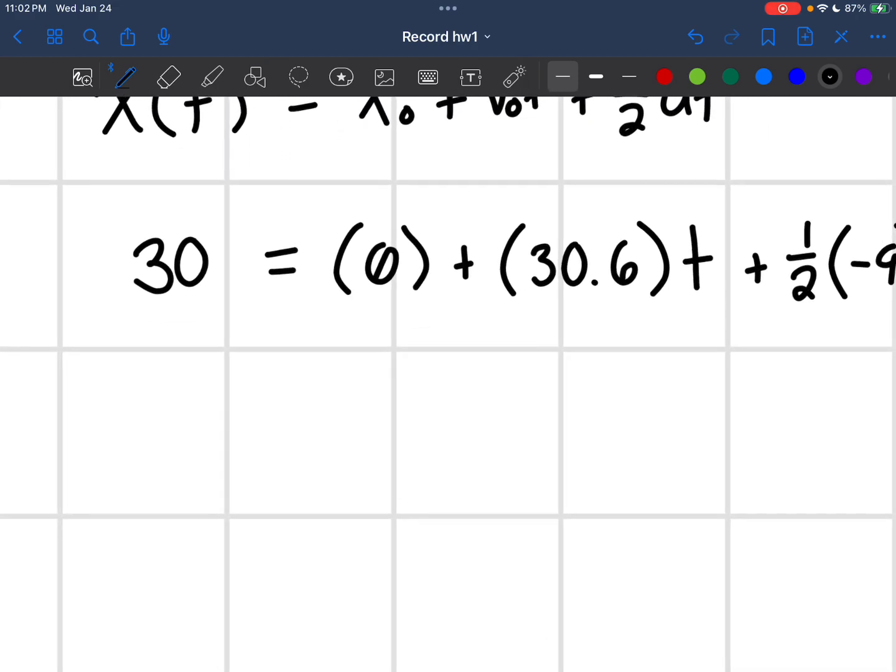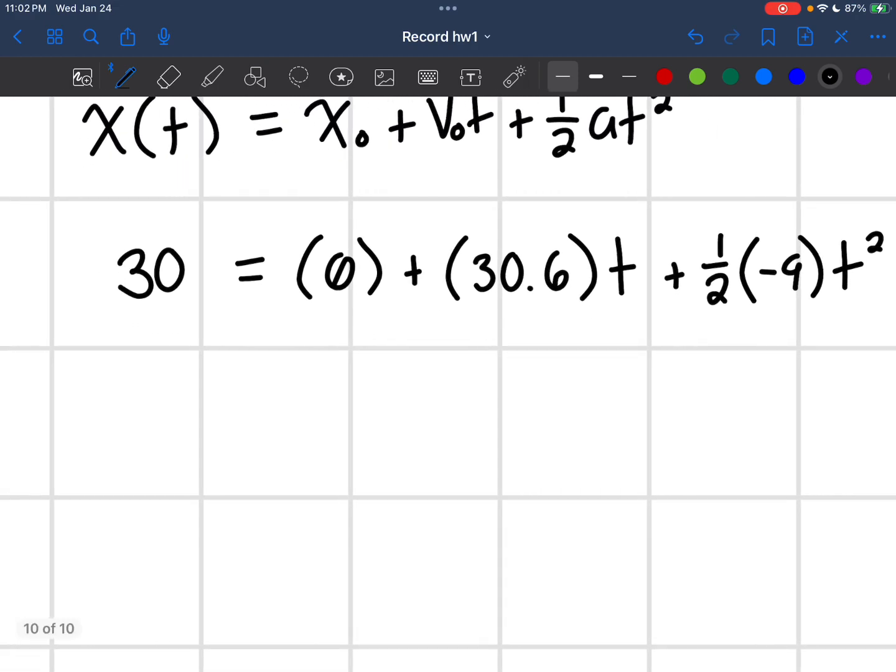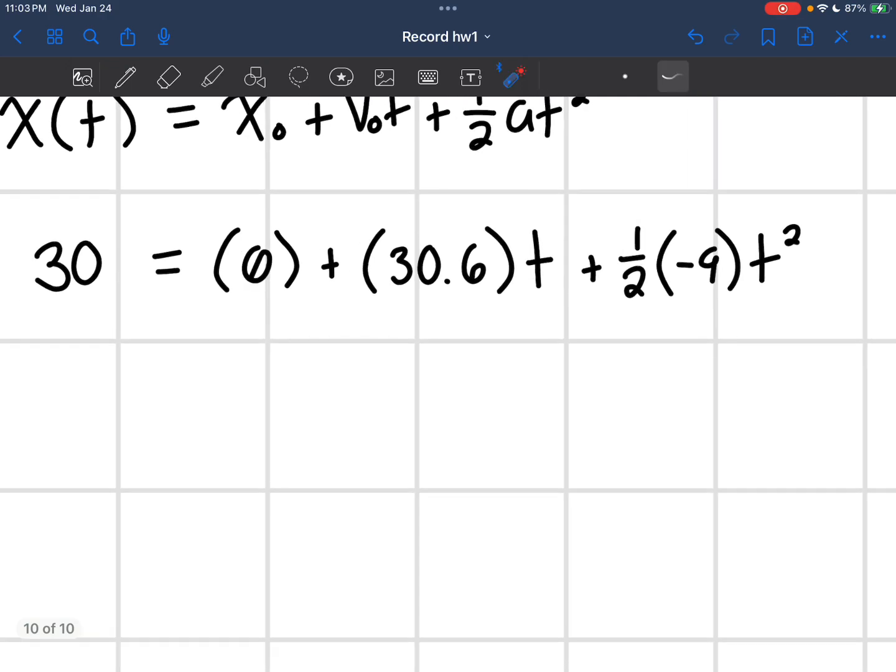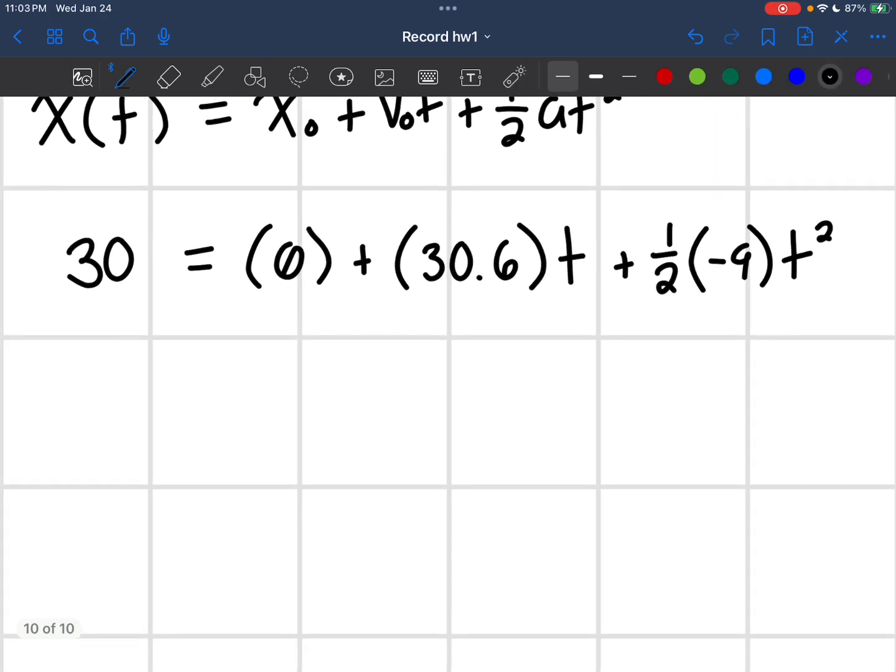Right. So I'm going to simplify this and move things around a little bit. First, because this term is negative, because of that negative sign there, I'm going to add 1/2 times 9t squared to both sides of my equation.